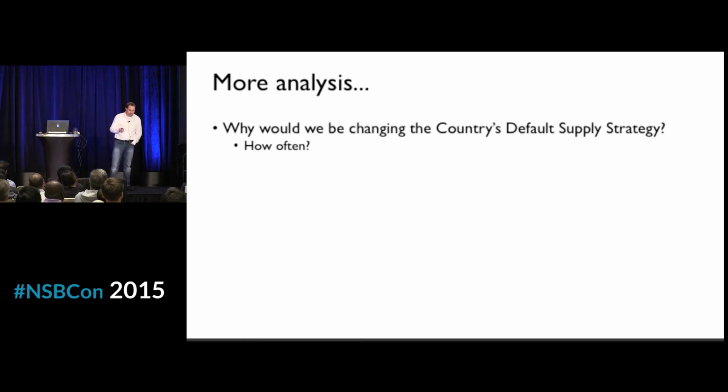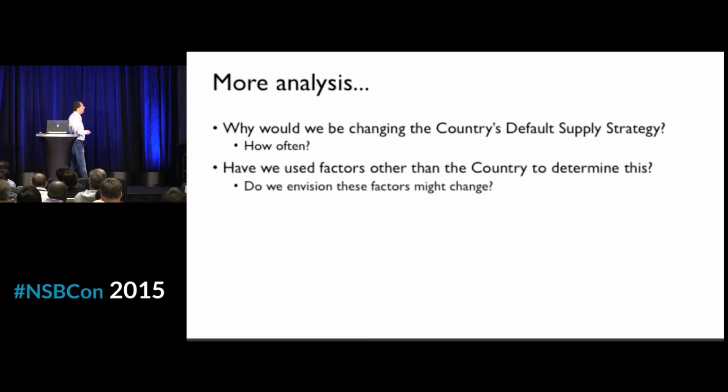Well, I more or less already answered this a little bit earlier, but sometimes when we're doing analysis, we need to hear things multiple times or a few different ways for it to actually sink in. More often than not, we're making minor adjustments to supply strategies rather than changing them altogether. So it's not that frequent of activity.